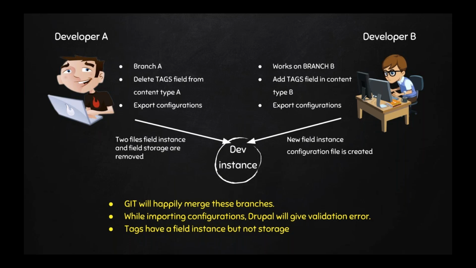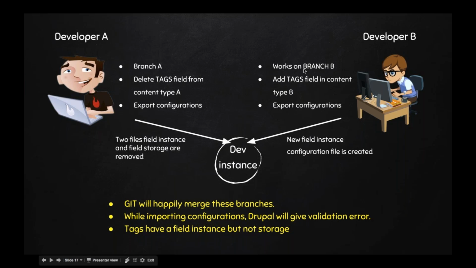Remember, the tags field is only used in content type A, which is now deleted by developer A. So when developer A exports all the configuration, the system will delete two files, field instance for tags and field storage for tags. So he'll push this branch A, and everything is good for him.